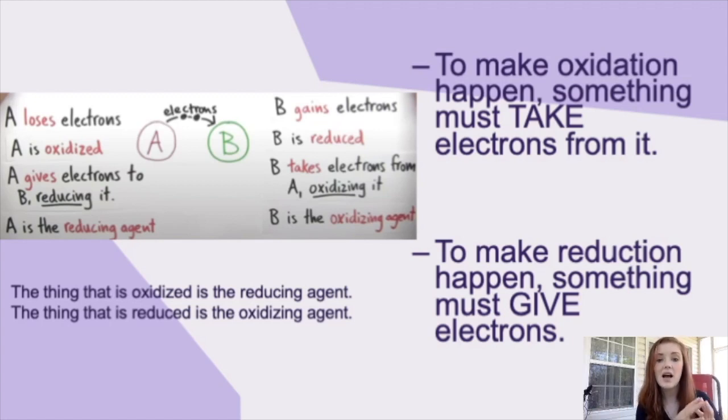Atom A, which is oxidized, is the reducing agent because it is losing its electron and giving it to atom B.